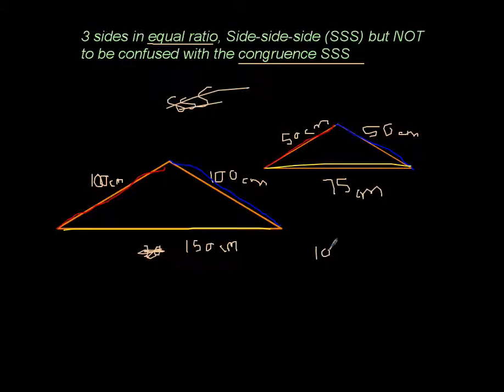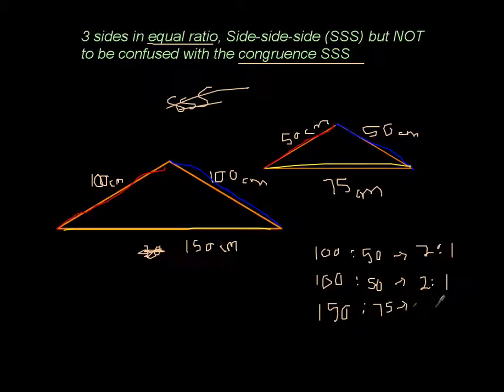So it's going to be 100 to 50, and this just simplifies to 2 is to 1. The next ratio, again, 100 is to 50. This simplifies to 2 is to 1. Lastly, 150 to 75. This also simplifies to 2 is to 1.